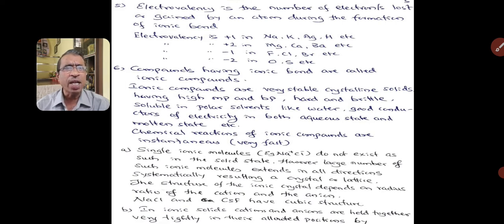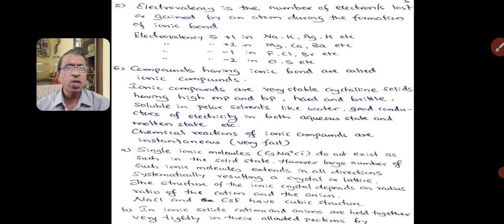Compounds having ionic bond are called ionic compounds. Ionic compounds have various properties. Let us study about the properties of ionic compounds. Ionic compounds are very stable crystalline solids having high melting point and boiling point.